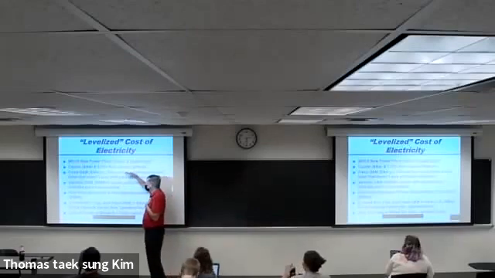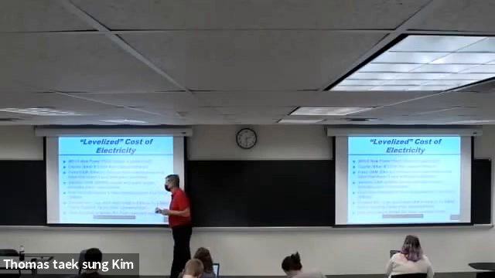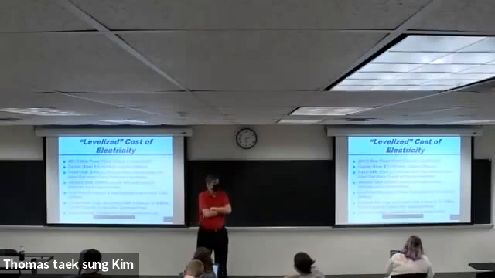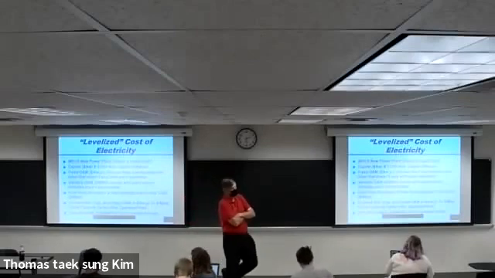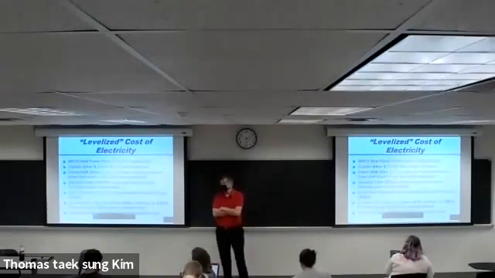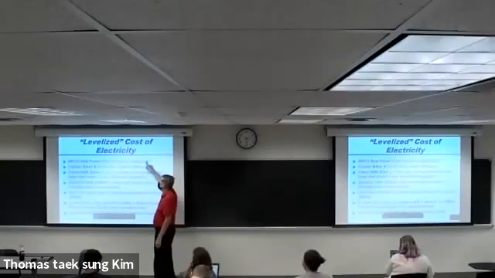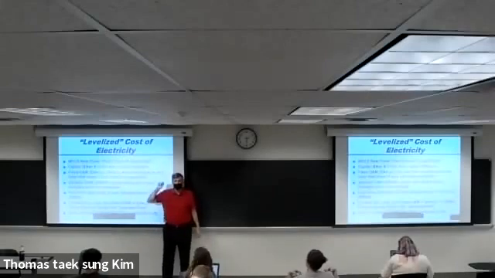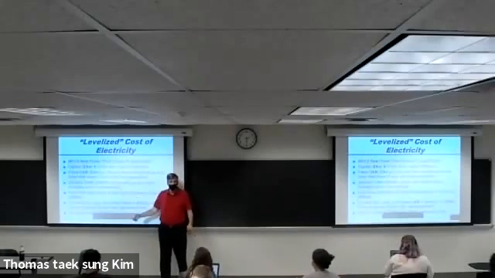And for each of these measures, the trick is that they come as an input level, the way they're stated. And now you have to convert it into dollars per megawatt hour. Because ultimately, for this levelized cost of electricity, we want to know a levelized dollars per megawatt hour.